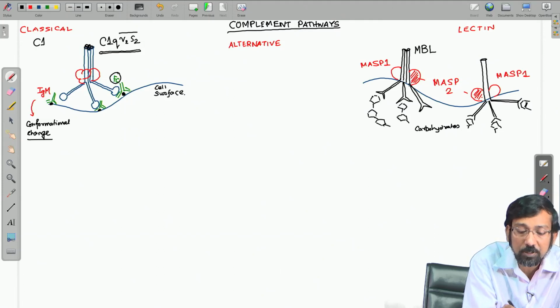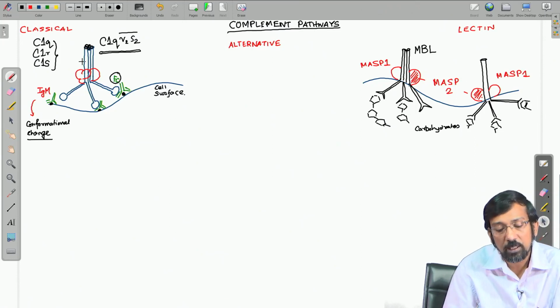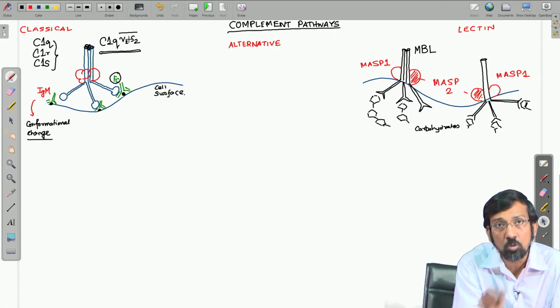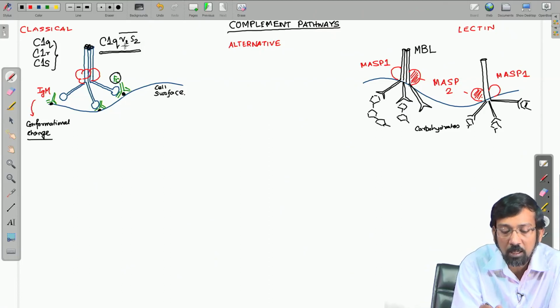It comprises the C1q, the C1r and the C1s, and they together form this complex structure, which is the C1q R2S2. So, per unit there are 2 C1r and 2 C1s.